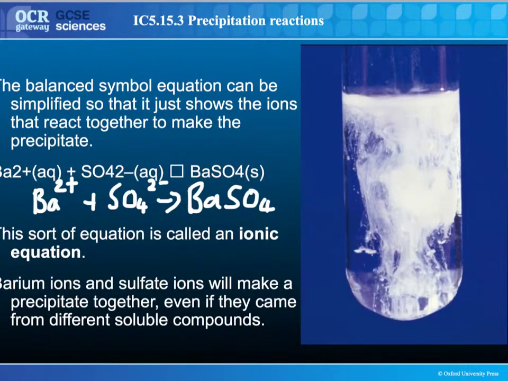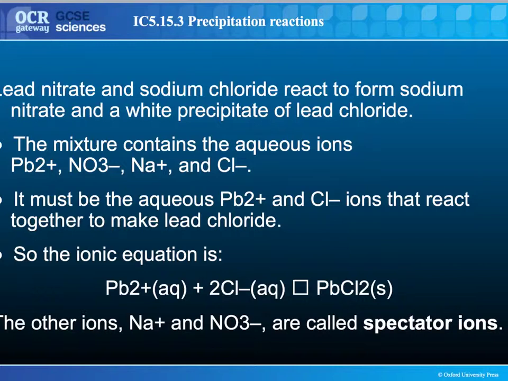So another example here, we're talking about lead nitrate and sodium chloride reacting to form lead chloride. All we're really bothered about is the stuff that comes together to form the lead chloride, the lead ions and the chloride ions. Lead ions there, Pb2+, and chloride ions, Cl-.